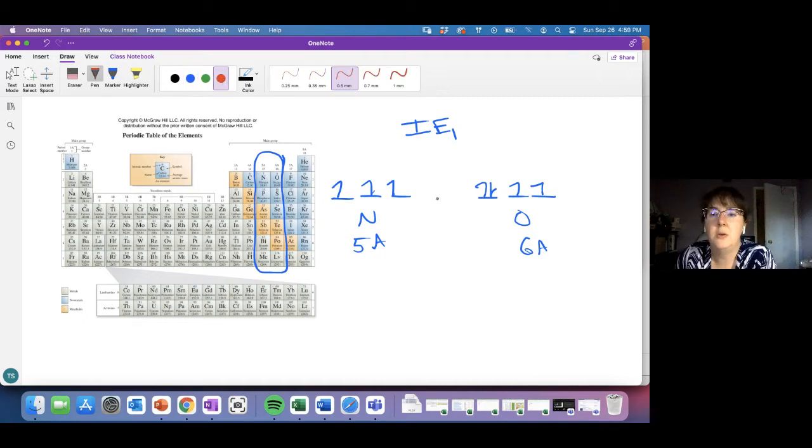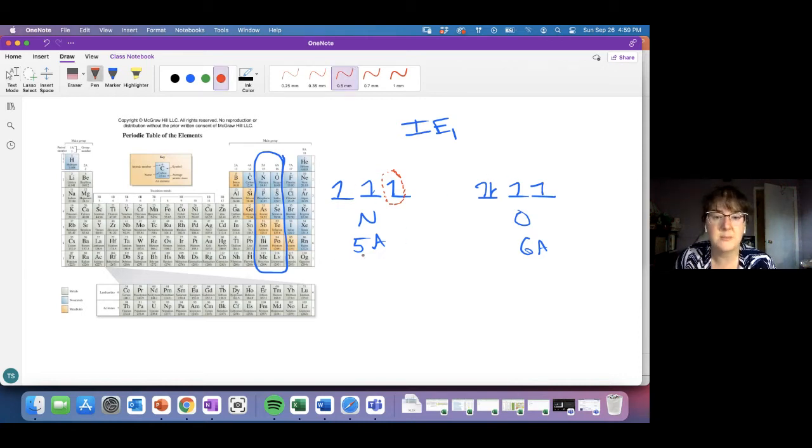So essentially, my options here in first ionization energy, if I would be removing an electron from nitrogen, that would basically break my half-filled subshell.